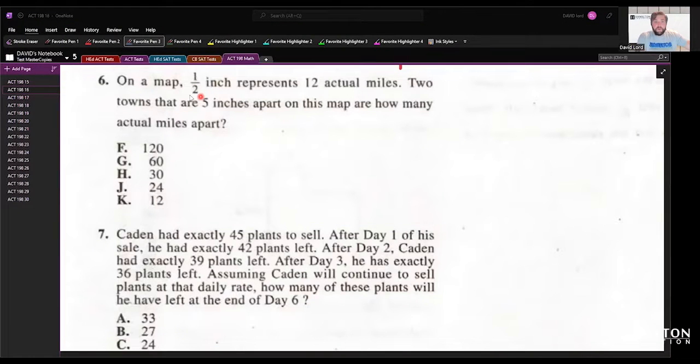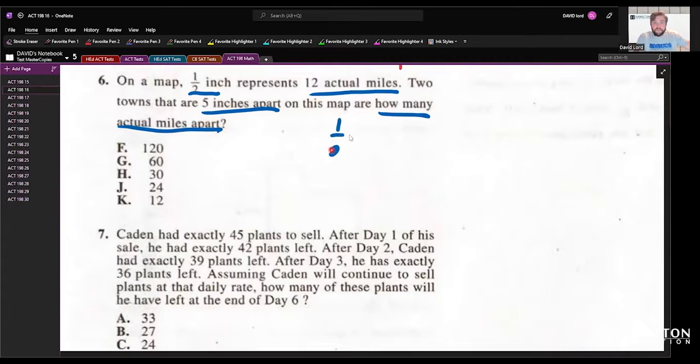On a map, 1/2 inch represents 12 actual miles. 2 towns that are 5 inches apart on the map are how many actual miles apart? So this is going to be a standard proportion. So we have 1/2 inch to 12 miles, and that has to compare to 5 inches and X number of miles.